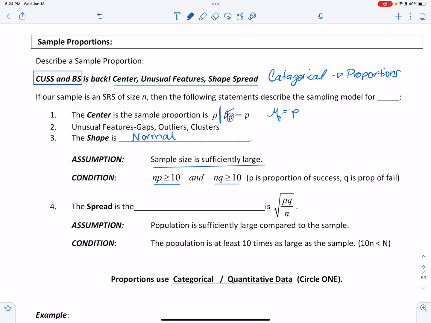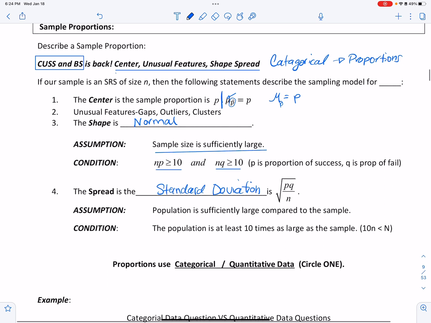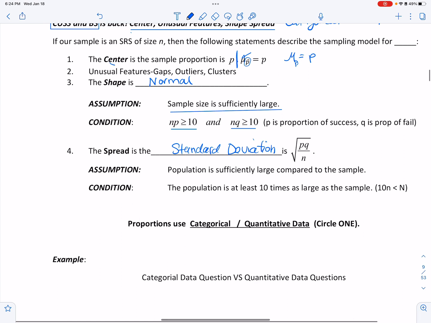You have the mean and the standard deviation, and that is how you're going to describe it. So you're going to describe your shape and your spread, and your center. The center here is described with the mean, and remember, the mean is equal to P. And the standard deviation is the square root of PQ over N.